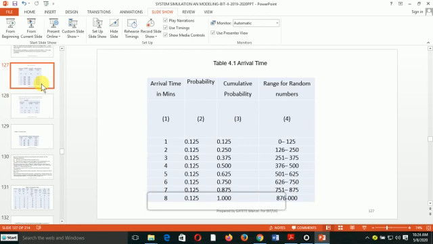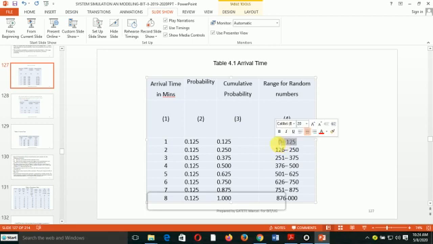In this column, the first value ranges between 0 and 125. I am going to see in which range 913 falls. It is in the range between 876 and 1000.